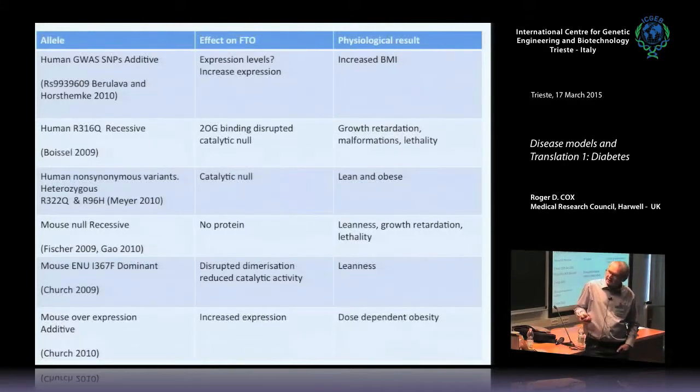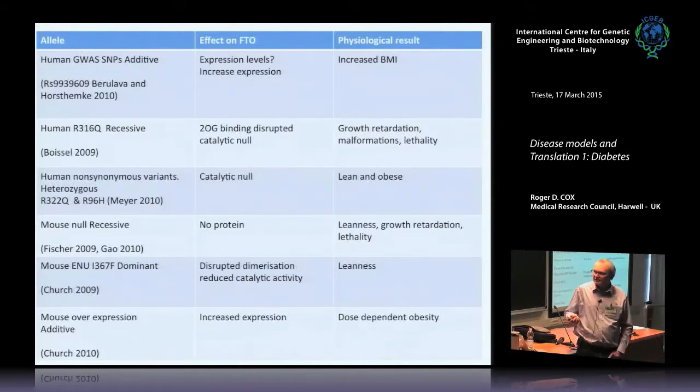There was the first report of a mouse null allele, so this again was recessive, where there's no protein, so this is a knockout mutation from Fisher. And these mice were lean, showed growth retardation and lethality. And I'll show you some of our data on this model as well. We have our own model. We published on a point mutation, which disrupted dimerization of the FTO protein, and this resulted in leanness.